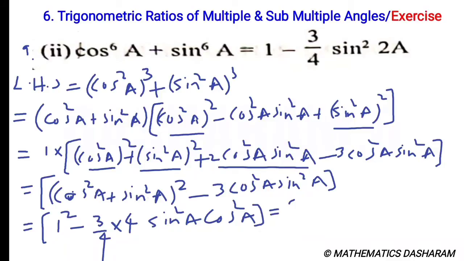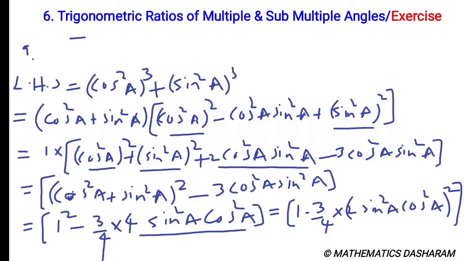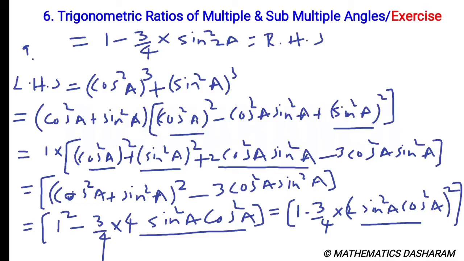So it is equal to 1 square is 1, 3 by 4 into this total answer can be written as 2 sin square a cos square a whole square. So then it is equal to 1 minus 3 by 4 into, it is a sin 2 theta formula. So sin 2a, but square is there. So sin square 2a. So it is equal to RHS. So hence proved.